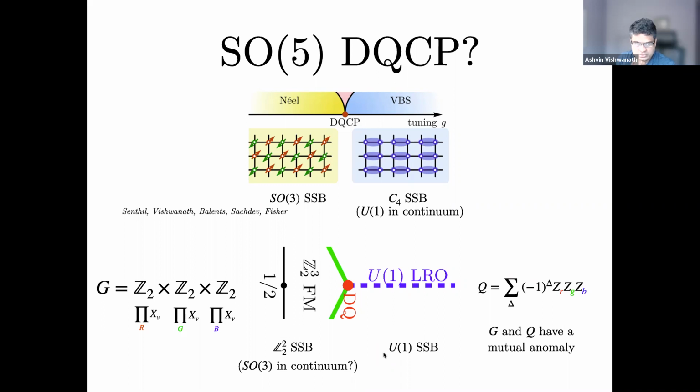The question is giving up the SO3 for the Z2 cubed. How bad is that? Maybe it's not that bad. It's less bad than giving up the U1 for the C4, in terms of eliminating potentially irrelevant operators, so that they're just not there.